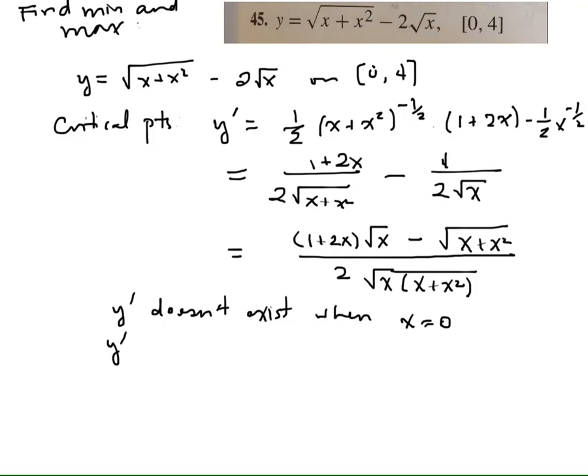And y prime equals 0 when the numerator is 0. So we need to figure out when this is 0.